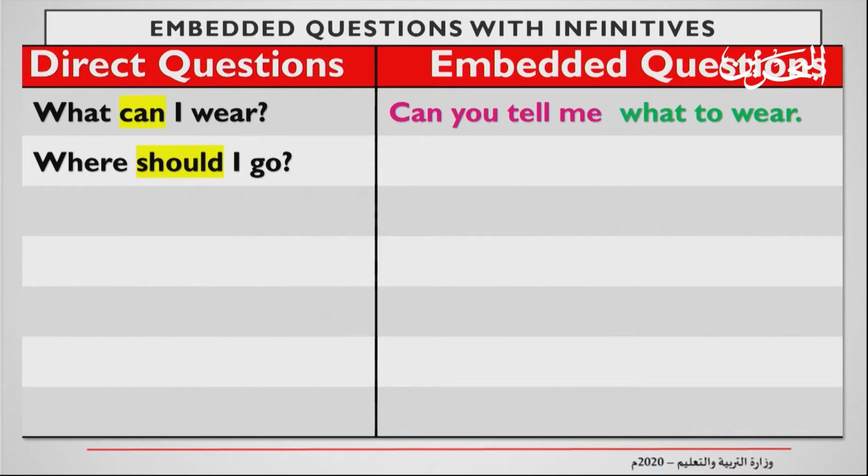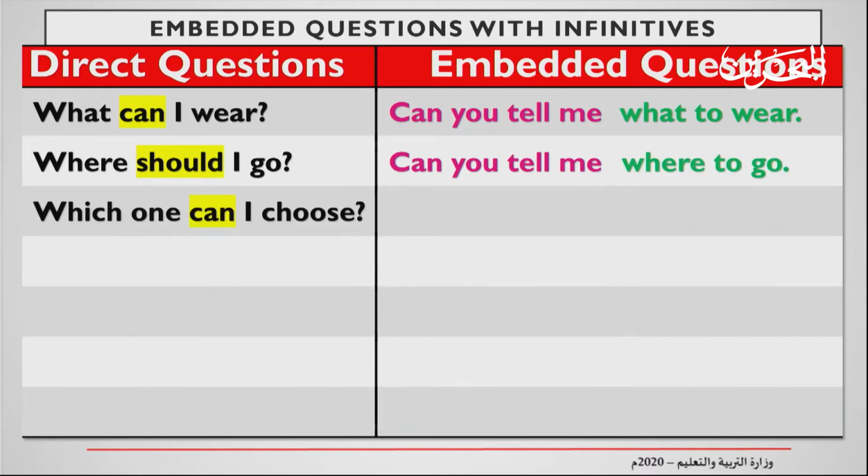Where should I go? Question mark, direct. I say, can you tell me where to go? Where to go. Which one can I choose? Question mark. I wonder which one to choose. Which one to choose. You see, with which you have to add a choice.